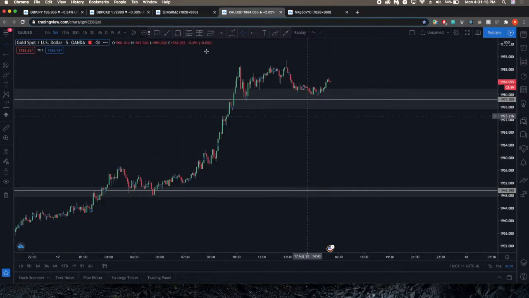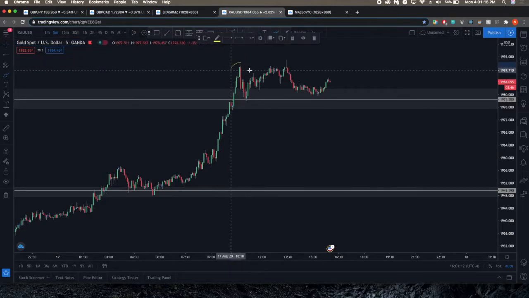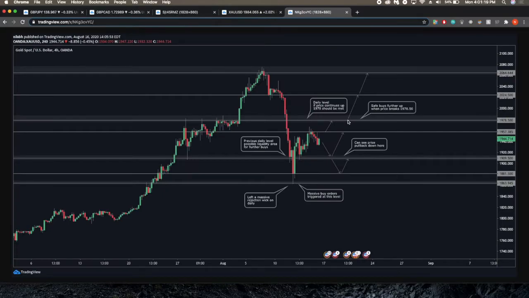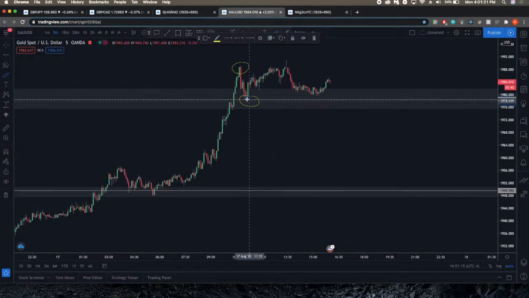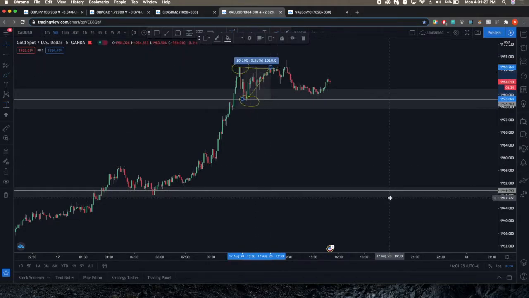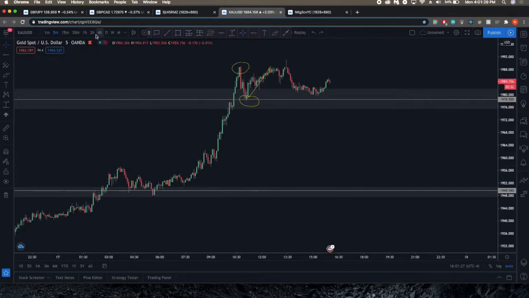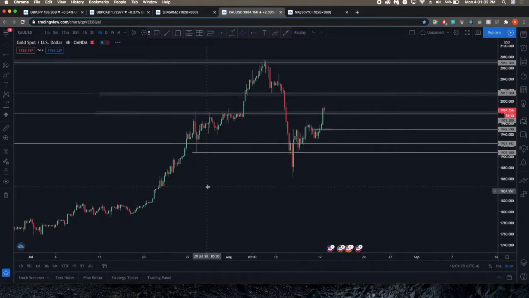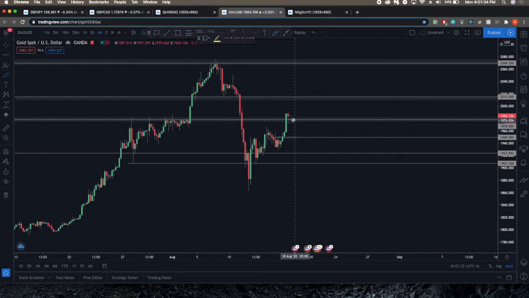So once it created a high, you knew we were going to retest this level, 1978.5. Bang, bang, retested it, and then we filled this range up to here, which was 100 pips.